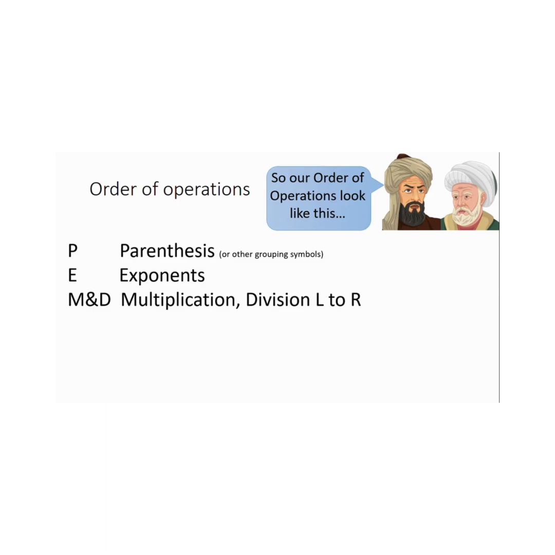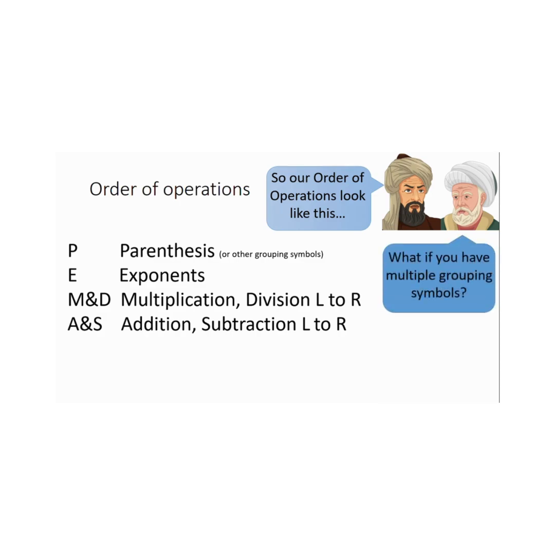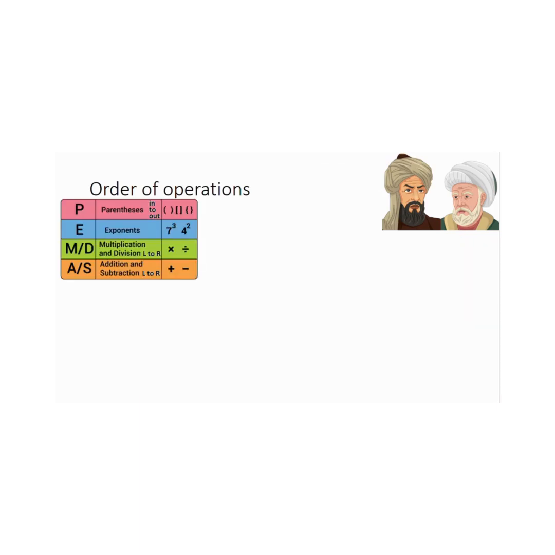And finally we do addition and subtraction at the same time from left to right. What if you have multiple grouping symbols? Okay, if you do have multiple grouping symbols, like symbols inside symbols, you start with the innermost one first and work your way outwards. But let's try a few for practice.